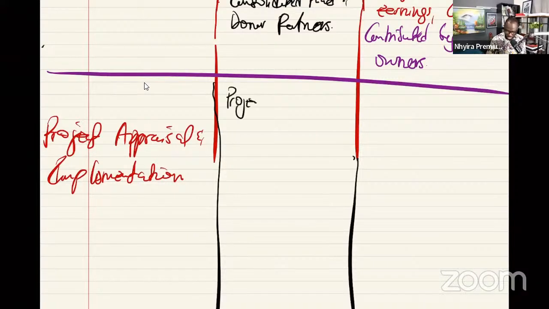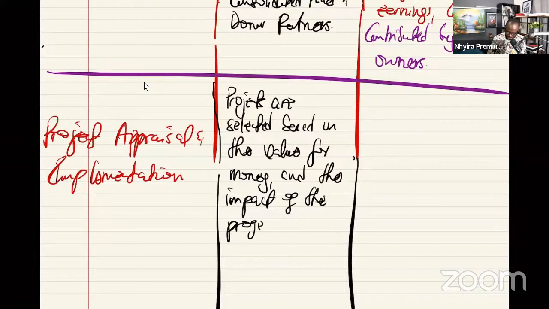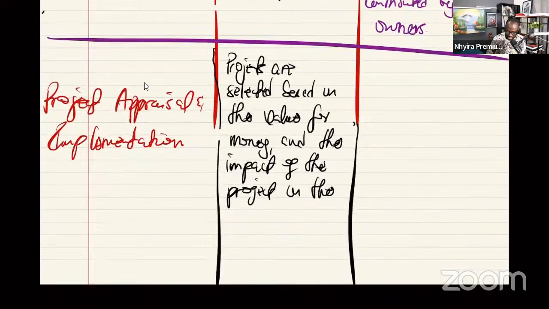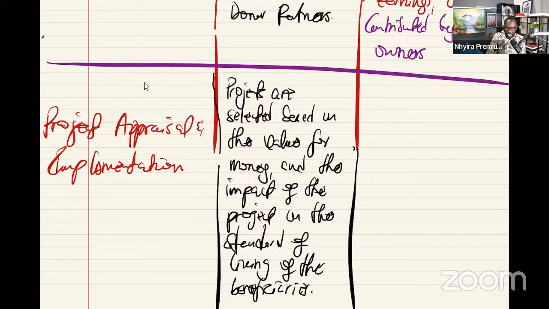Projects are selected based on the value for money and the impact of the project on the standard of living of the beneficiaries. That's the goal.